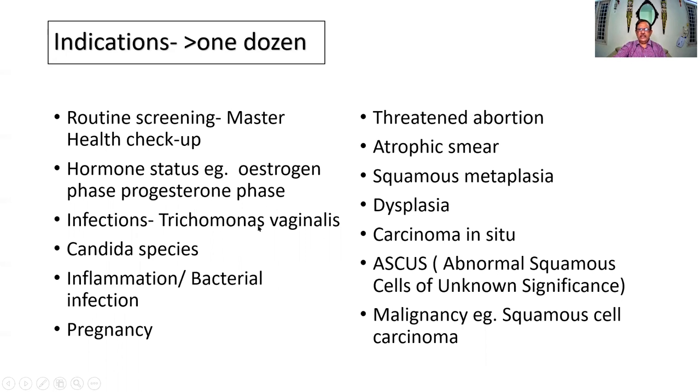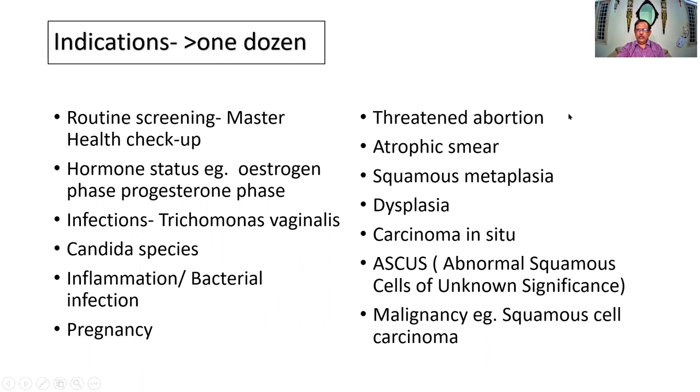Infections such as Trichomonas vaginalis. Fungi such as Candida species. Any other inflammation because of bacteria or infection. All these can be identified. Pregnancy also. This can be identified. We see some cells which are called navicular cells. And threatened abortion.